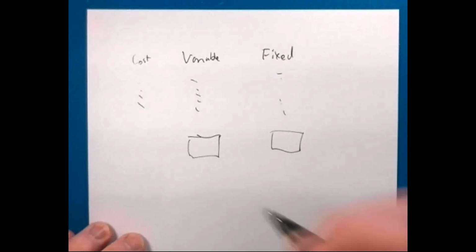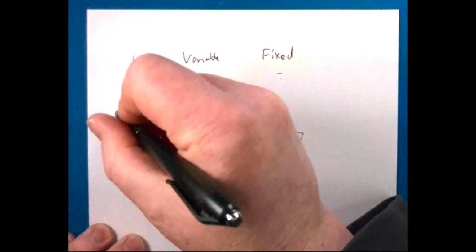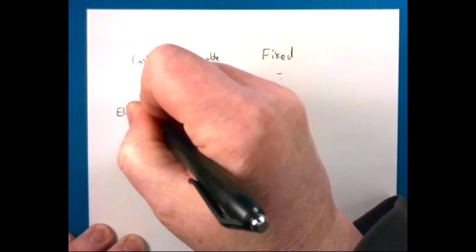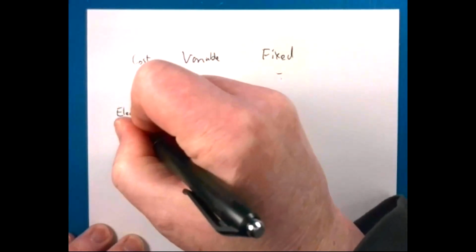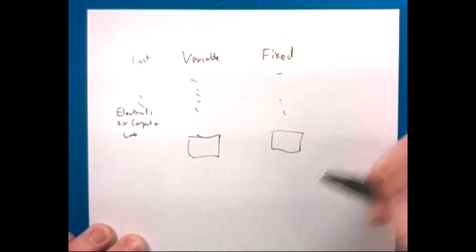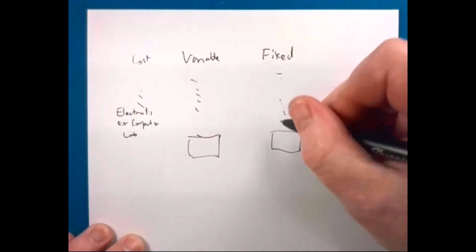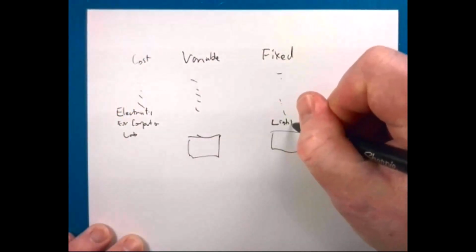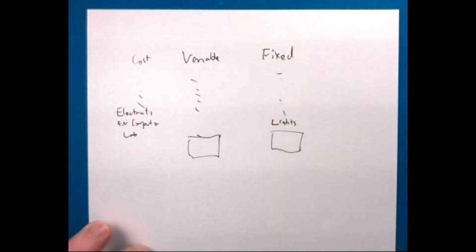I always use the example of electricity for a computer lab. The lights, if there's one person in the room, the lights will be on. So the lights are fixed, because if there's one person in the room, the lights are on. If there's 50 people in the room, the lights are on.